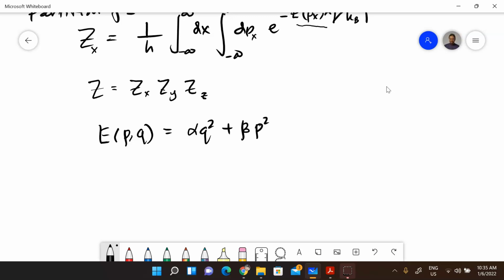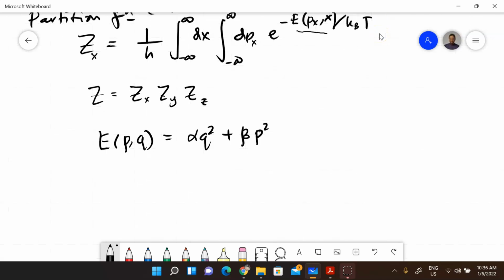This will represent your kinetic energy, this will represent your potential energy. If you have this kind of energy inside this integral, then you can actually integrate. Let me just write that down. Z equals 1 over h. Oh, I've forgotten that your h is the size of the box or the size of the grid.